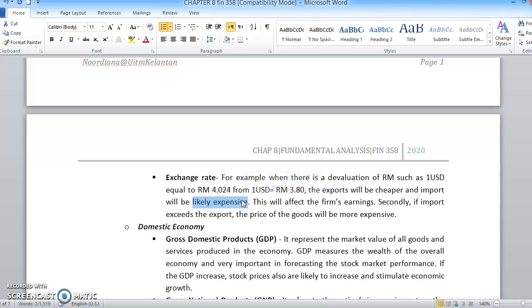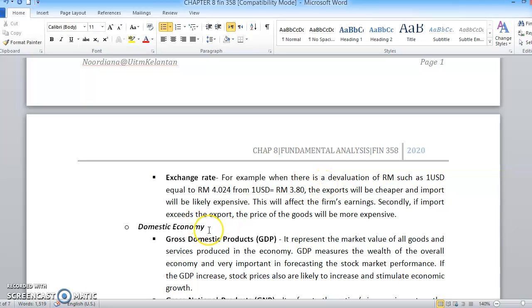It's more expensive lah, right? So that is how the exchange rate affects the firm's earning. So that's why our country tried to launch a campaign to lessen the import of goods and try to produce or export further, right? This is to actually help our economy.